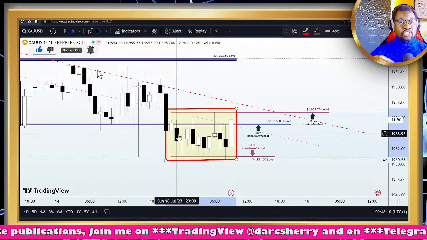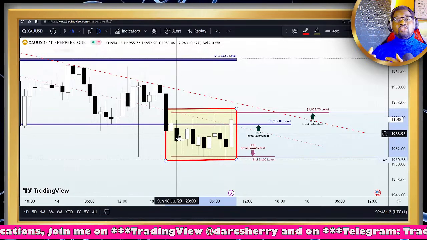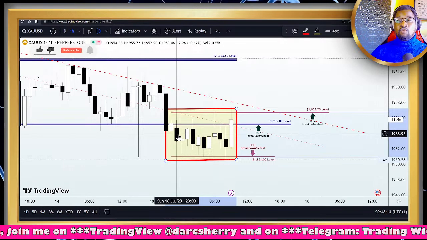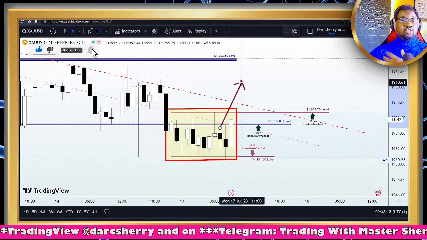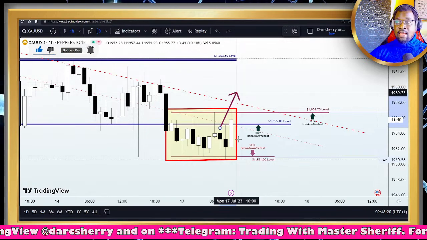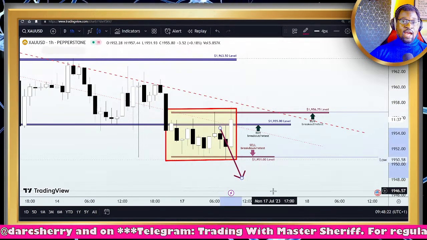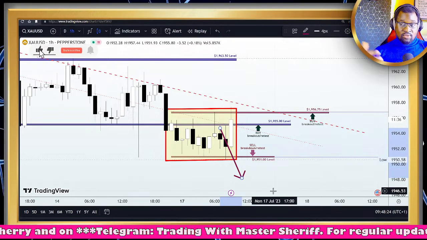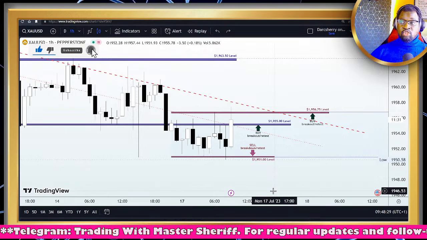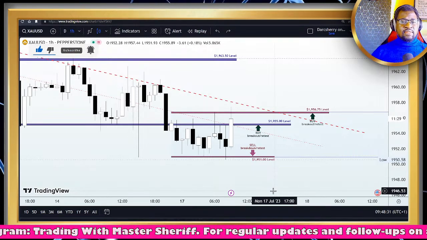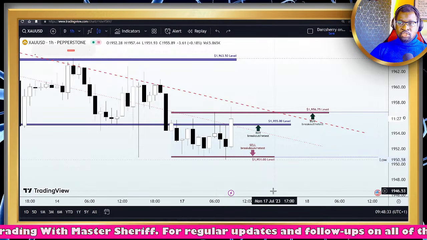As long as price action remains within a range, we want to exercise patience, waiting for either a breakout of that range to happen to give us an opportunity to buy, or the breakdown of the range to happen to give us an opportunity to sell. And with the way things are right now, price action still remains caught within the range, but I'm of the opinion that we might likely be seeing a bullish momentum.